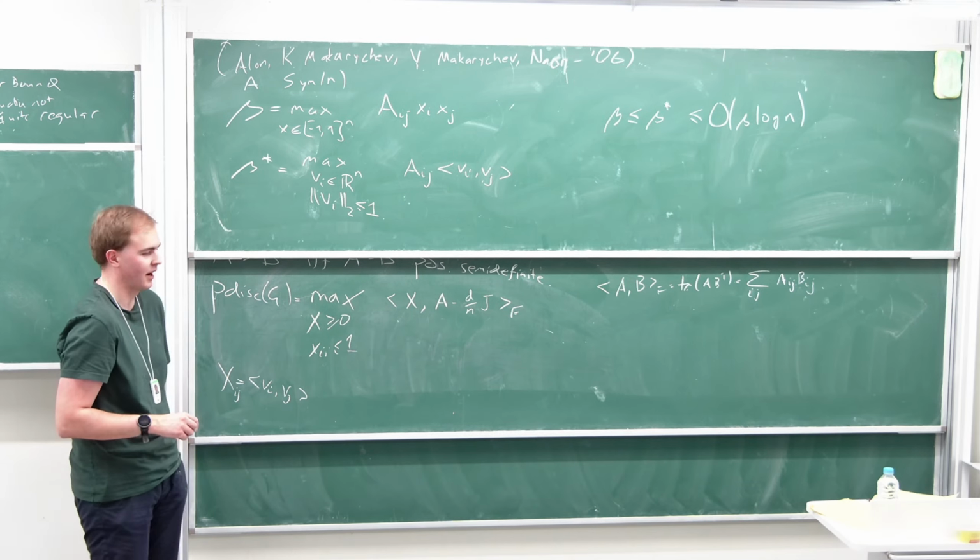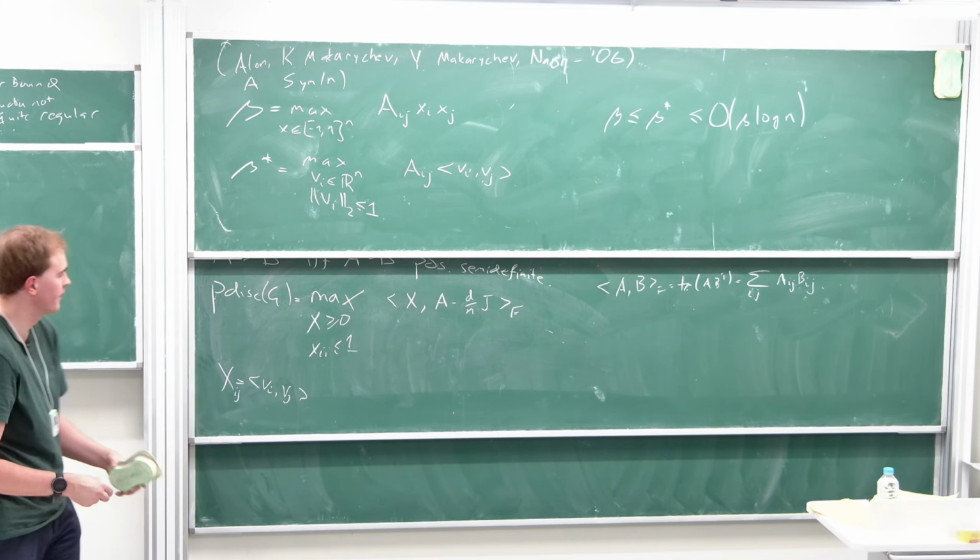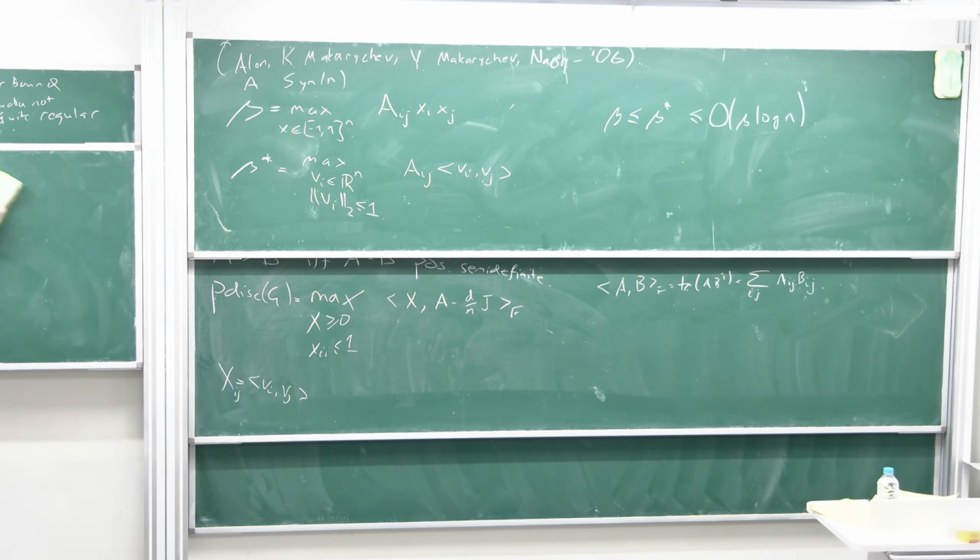So now the question is how do we cook up a suitable matrix that is going to give us an improved lower bound?